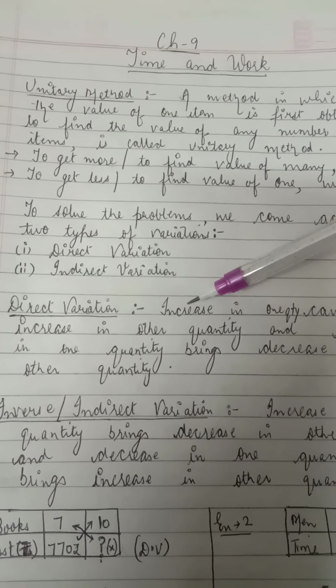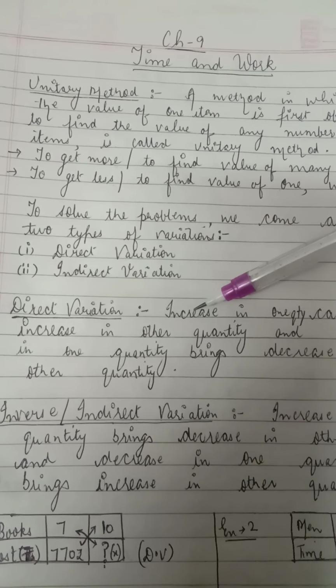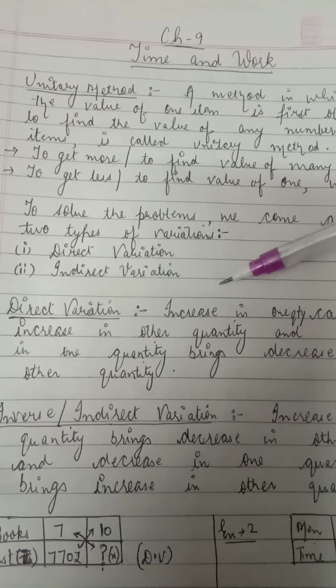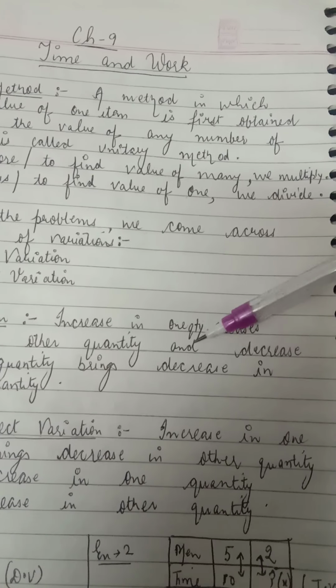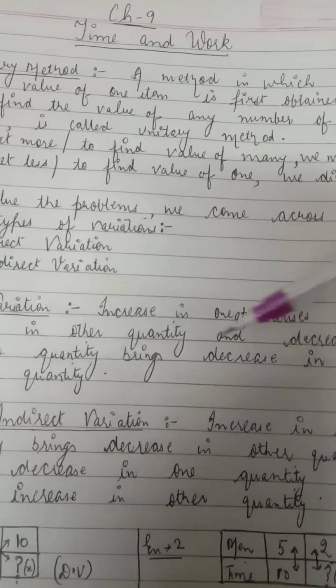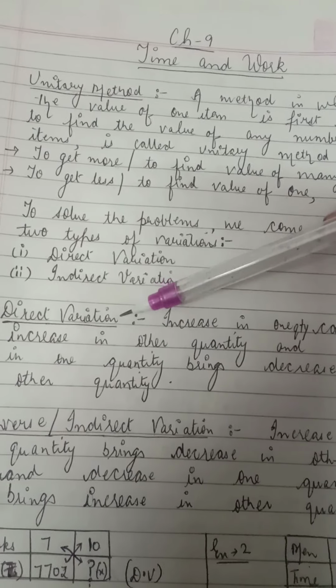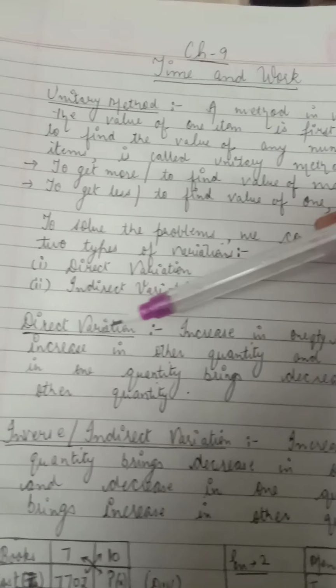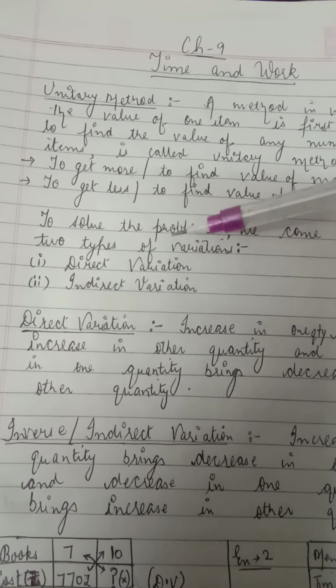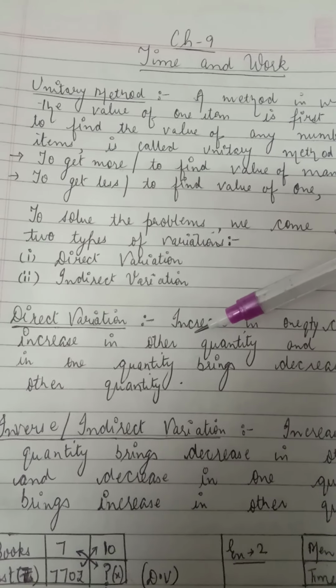Suppose you are increasing the cost of one thing, the other thing's value will also increase. And if you are decreasing one quantity, that will bring decrease in the other quantity also. So the two quantities are directly related to each other. Increase in one, the second also increases. Decrease in one, the second also decreases.